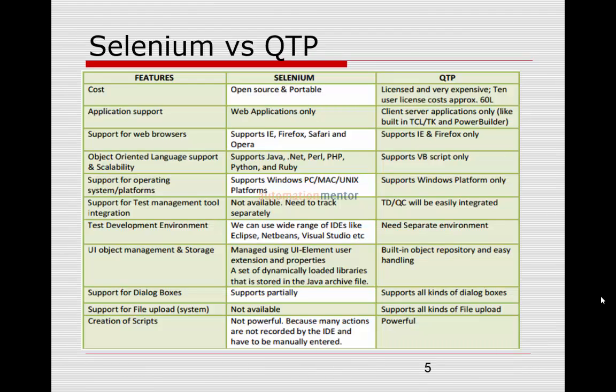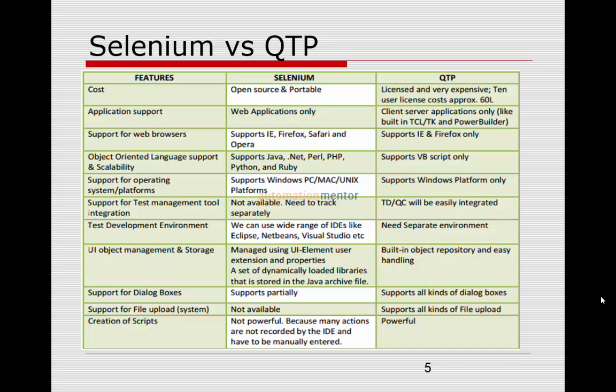Let's have a quick comparison of Selenium versus the most popular commercial tool, QTP. The major advantage of using Selenium is that it's open source. QTP is licensed and very expensive.